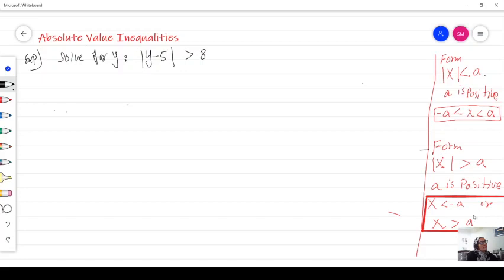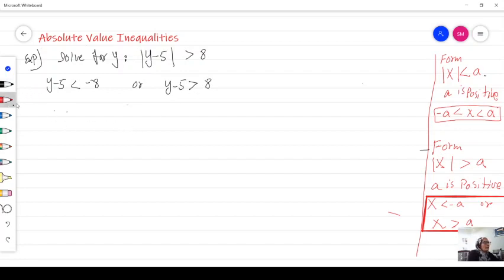So I'm going to rewrite my question something like that. So let's rewrite the question. It's going to be y minus 5 without the absolute lines, less than negative 8. You see that right there? Then I'm going to make another one, or y minus 5 greater than positive 8.